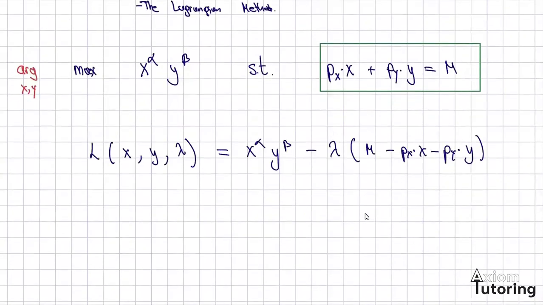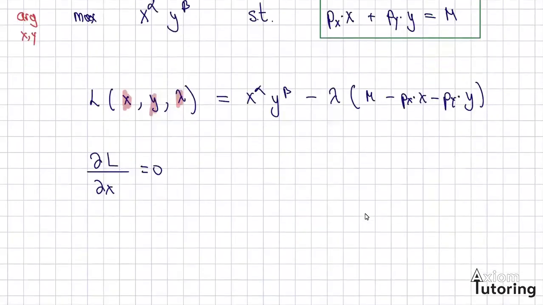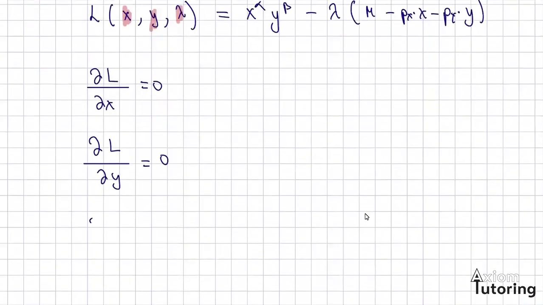And you might have gotten used to setting up the Lagrangian. The moment that you set it up, this becomes an unconstrained optimization with three variables. So you do the first order conditions: take the partial derivative of the Lagrangian with respect to x and set that equal to 0, take the partial derivative with respect to y and set that equal to 0, and take the partial derivative with respect to the Lagrange multiplier and set that equal to 0.